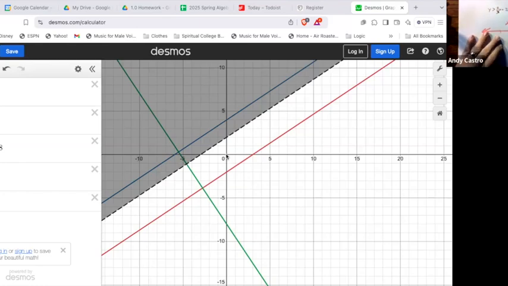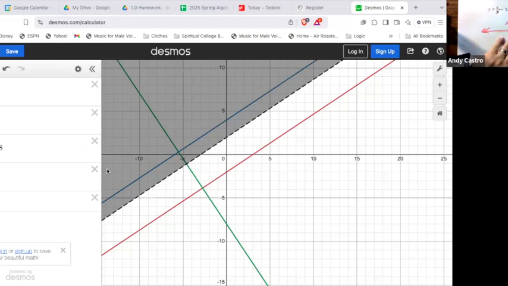So if I plugged in 0 and 0, is this true? Well, let's see. y is greater than 2/3 times 0 plus 2. 2/3 times 0 is 0. y is greater than +2. But we plugged in 0, 0, so we made y a 0 as well.